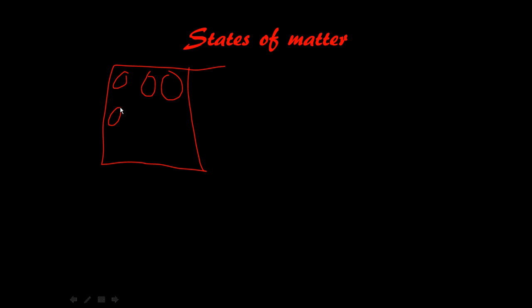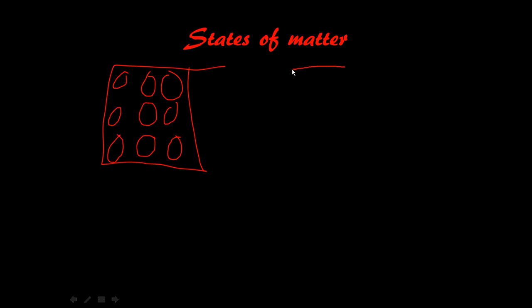Let's talk about solid state. Consider this as a wooden block, just the outline. Since wood is solid, particles in it will be placed very close to each other, and there will be a definite arrangement, in a pattern.